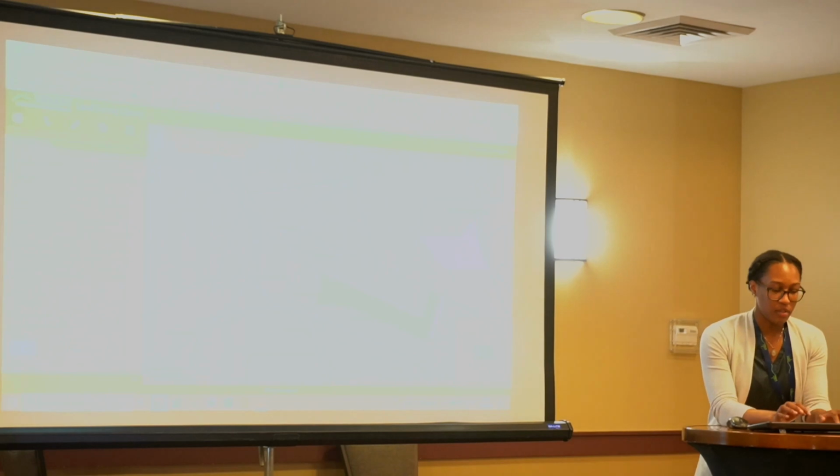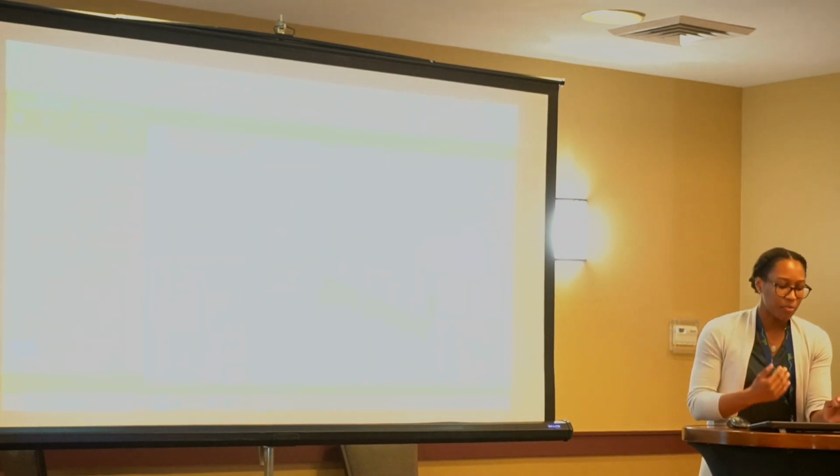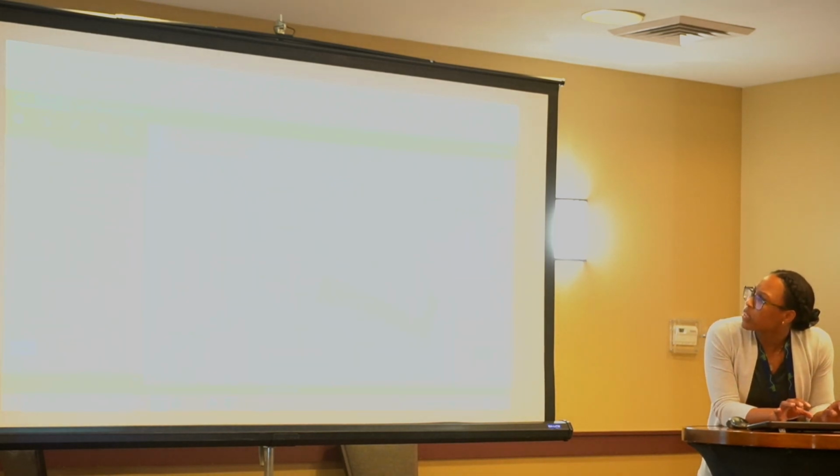So this says survey title. I'm going to type demo. And I know that this survey was created by this surveyor, so I'm going to type that in. I'm the uploader, so I am going to put my email down.